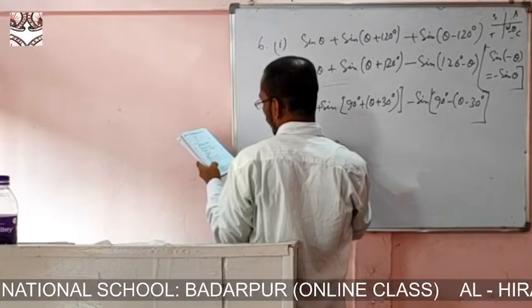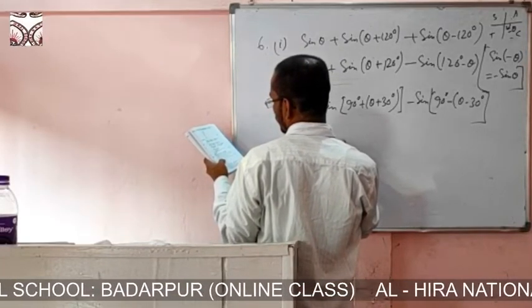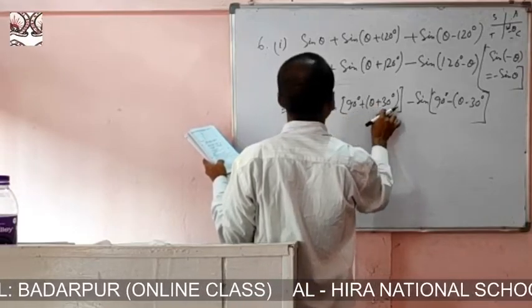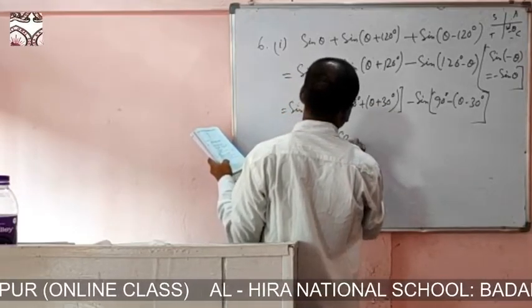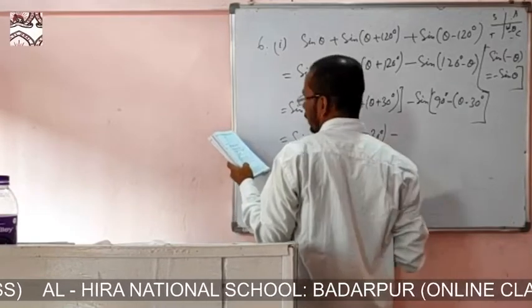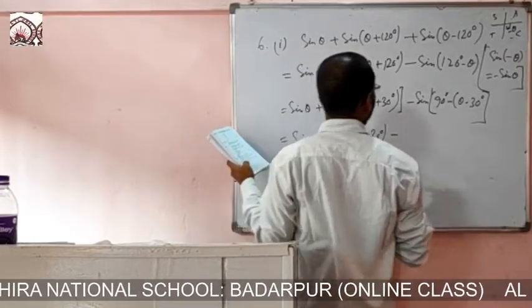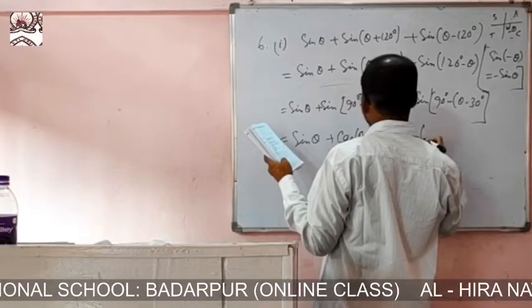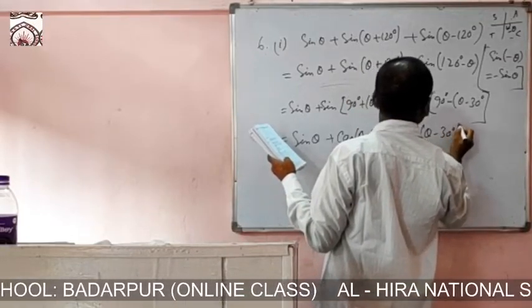So it is sin theta plus sin(90 plus theta) is cos theta, so cos(theta plus 30), and sin(90 minus theta) is cos theta, so minus cos(theta minus 30).